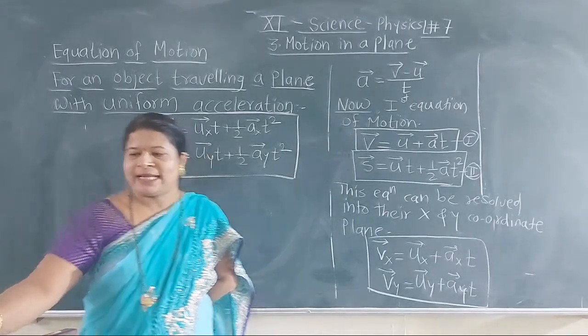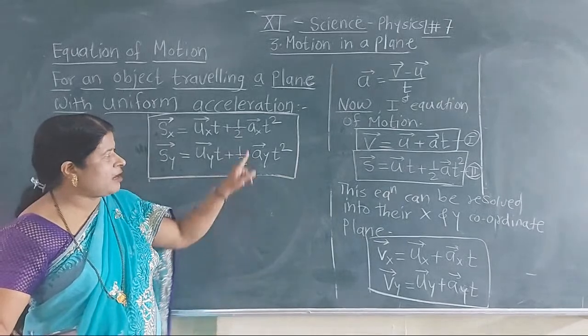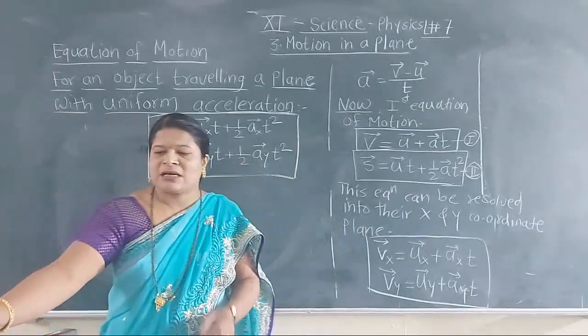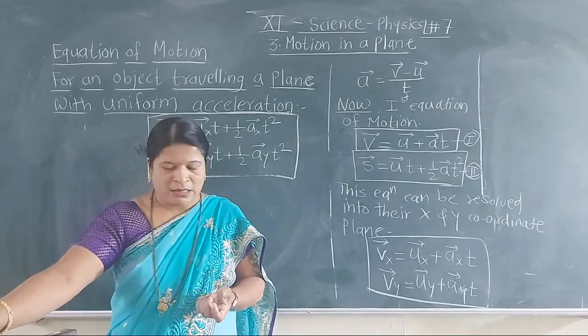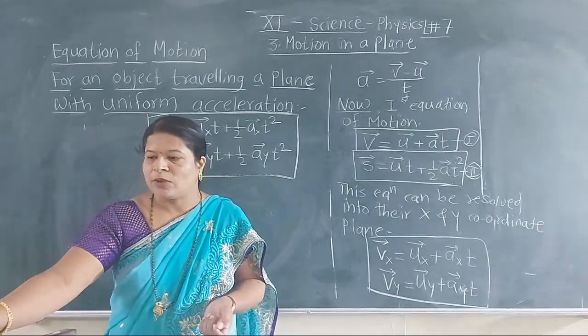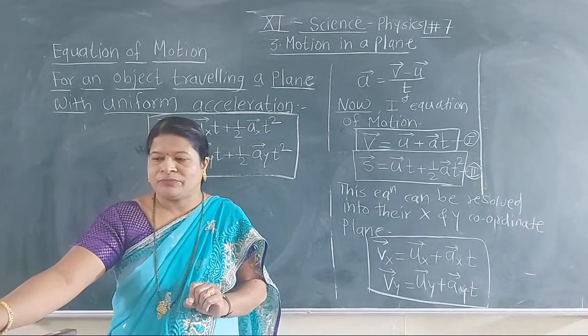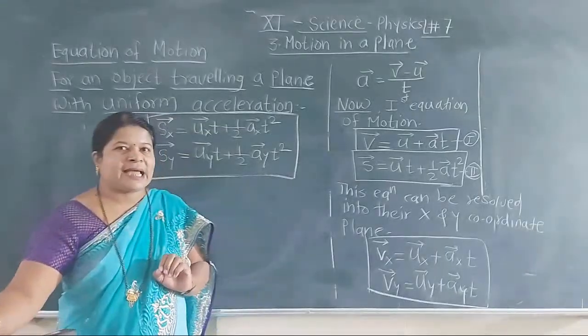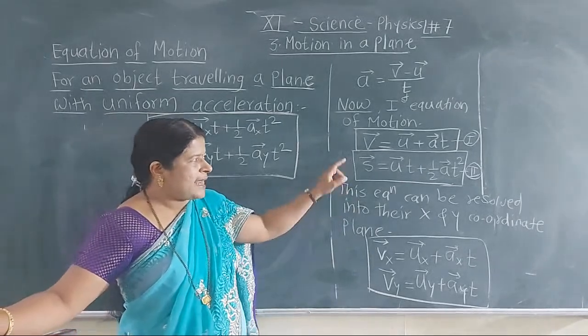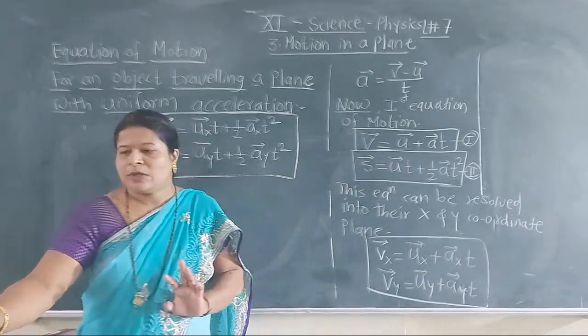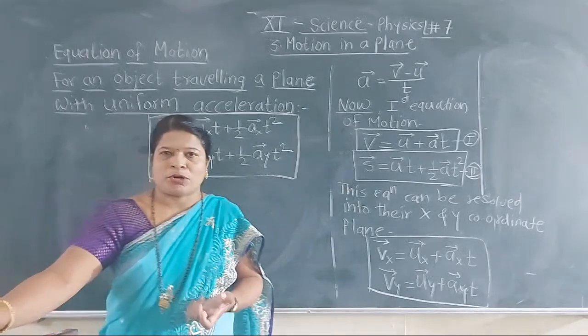Motion along the y direction is completely controlled by the y component of velocity and acceleration. So using x and y axis, we can prove the second and first equation of motion in their components.